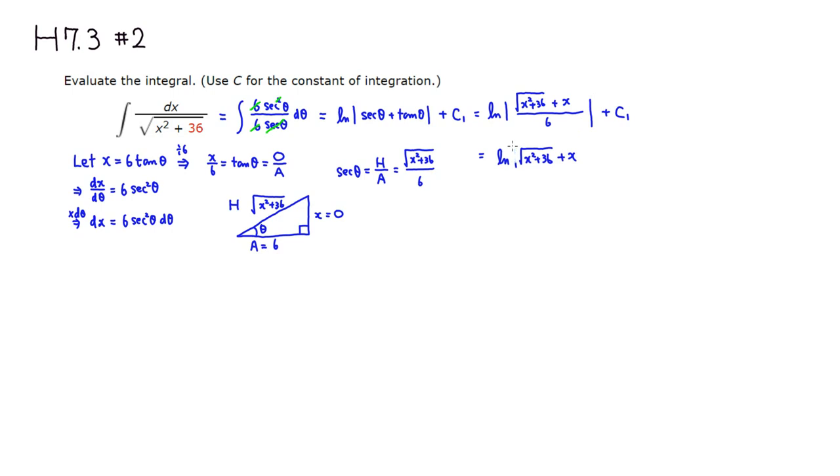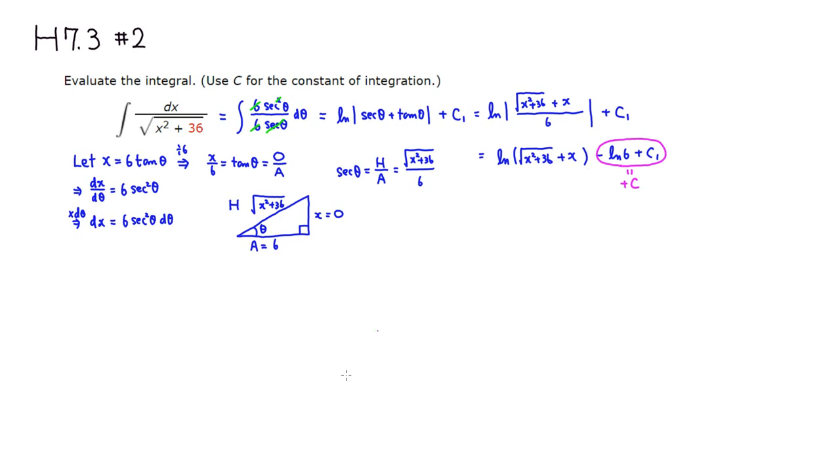This is just a simple parentheses, then minus the natural log of 6, and plus some constant C1. Since the natural log of 6 is a constant, I'll combine those two constants together and just put plus C there. So that's the answer.